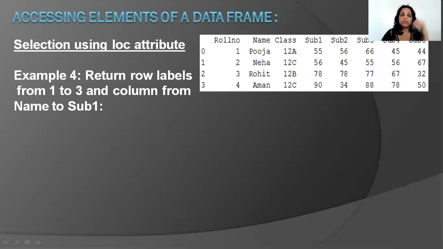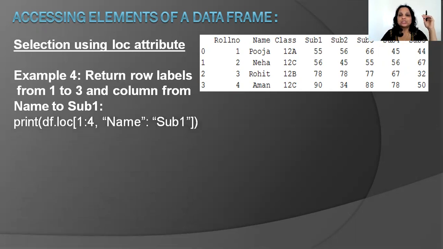Okay. This was only about getting rows. What if you want a subset in terms of columns, where I don't want all the columns, only certain columns? So look here, I want row labels from 1 to 3, but I don't want everything about them. I only want their name and, let's say, their subject 1. Then what do you do? Just look at the brackets carefully, okay? df.loc definitely, and we had to give the location in square brackets, but can you see I've written 1:4?